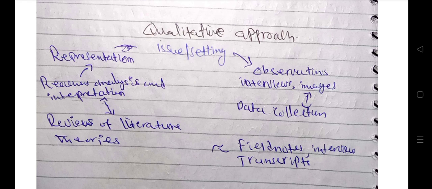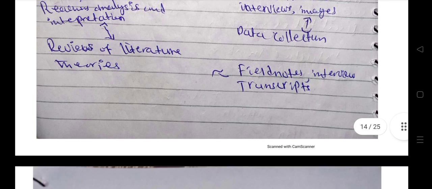Initially we don't have theory with us, but we have observation, an issue, or the setting, and using that observation, interviews, data collection through different methods and field work, interview transcripts, and literature review, we analyze that data, come to a conclusion, and generate a theory using inductive reasoning in the qualitative approach.